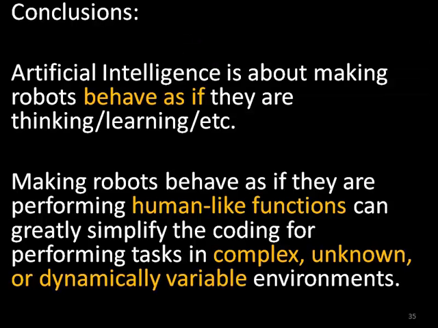So, in conclusion, artificial intelligence is all about making robots behave as if they are thinking, learning, making decisions, and other such functions that are typically regarded as being human kinds of functions. By making robots behave as if they are performing these human-like functions, we can greatly simplify the coding for performing tasks that are complex, unknown, or even dynamically changing environments.